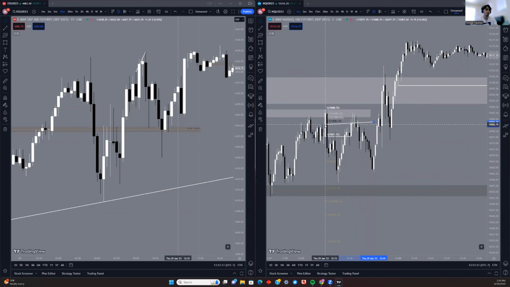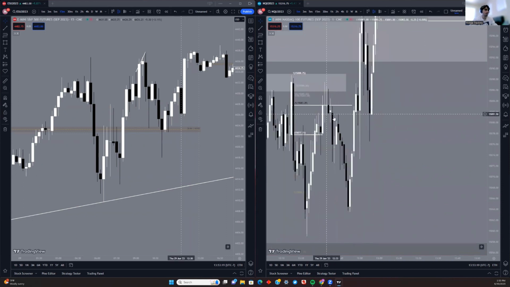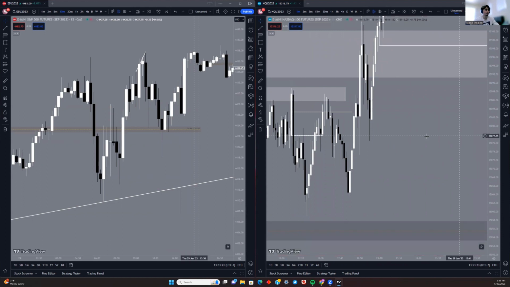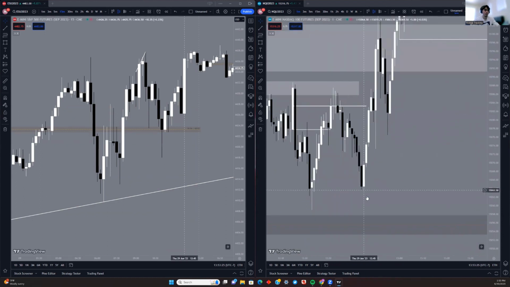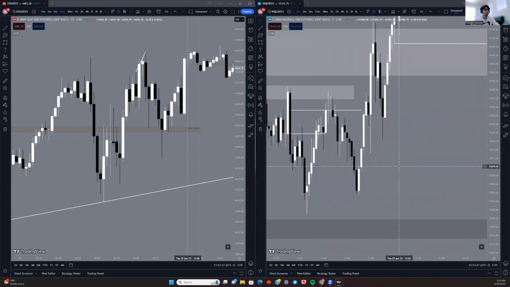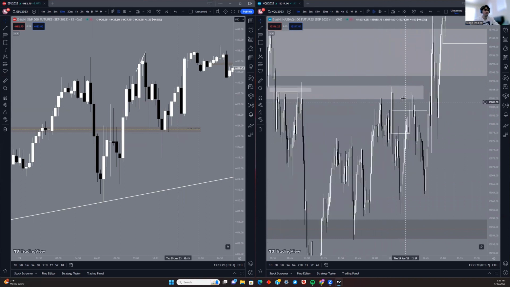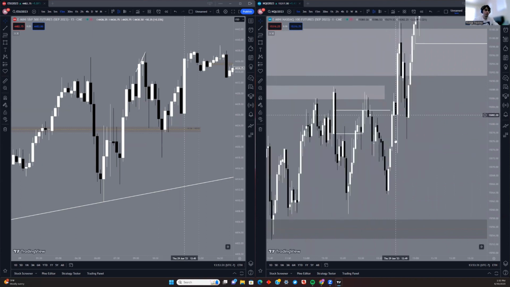Wicks do the damage, however bodies tell the story. We perfectly hold the midway point at the CE of the order block, come back down, and from here my bias is still bearish.